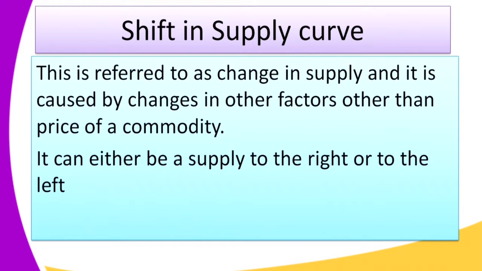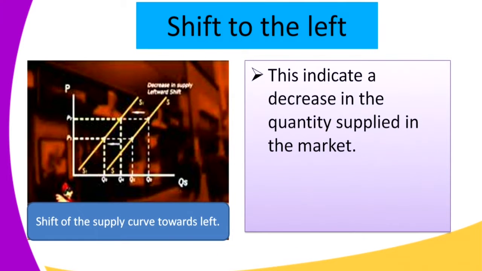So, when we talk of shift in a supply curve, the supply curve might either shift towards the left or shift towards the right. And let's start with a shift to the left. A shift to the left is whereby the supply curve moves from its initial position towards the left-hand side.